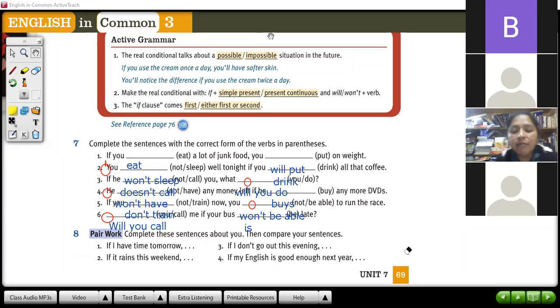If I have time tomorrow, what is the possible activity that I will do? I am sending you a picture. Tomorrow we're going to practice it. Any questions?